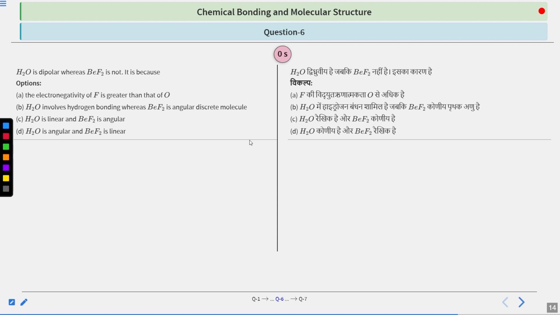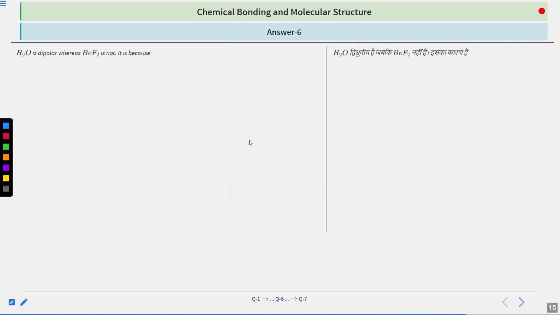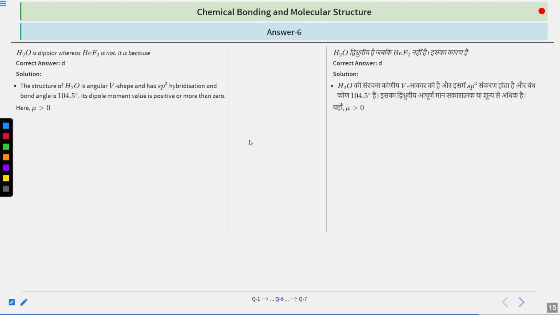Okay, let us see how we can solve it. So the question says that H2O is dipolar, whereas BeF2 is not. We have to find the reason for that. The correct answer is D. If you look at the structure of H2O, it is angular V shape and has sp3 hybridization and a bond angle of 104.5. Its dipole moment value is positive and more than 0, therefore mu is greater than 0.